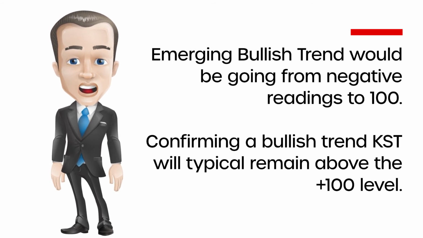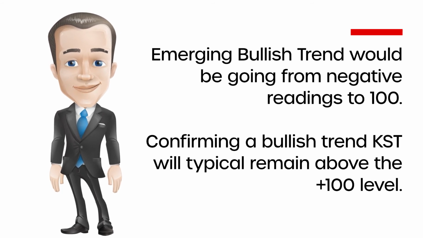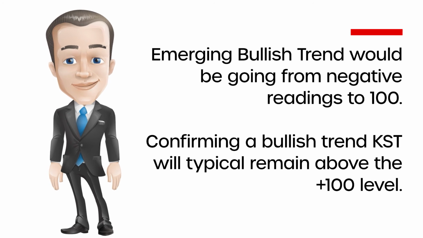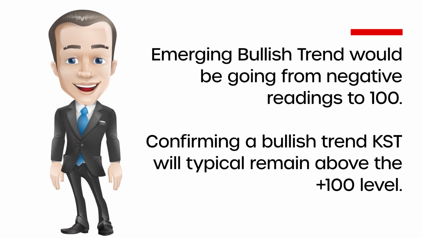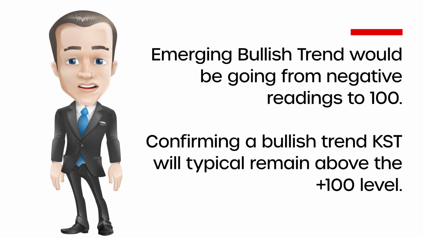A move from below zero to plus 100 means it is getting ready to move higher. A pullback to the zero level can be a buying opportunity. When the stock is moving to the upside is when to get in.